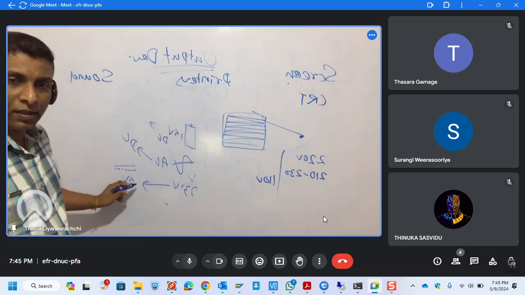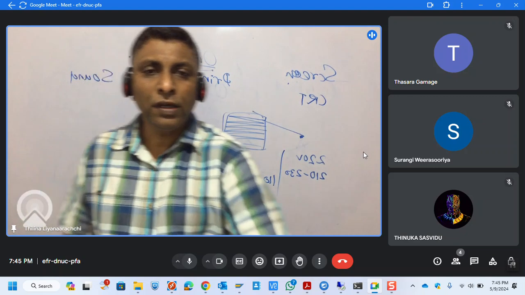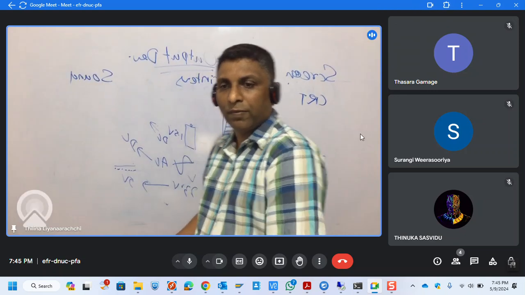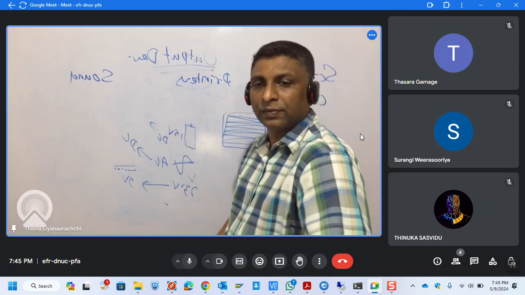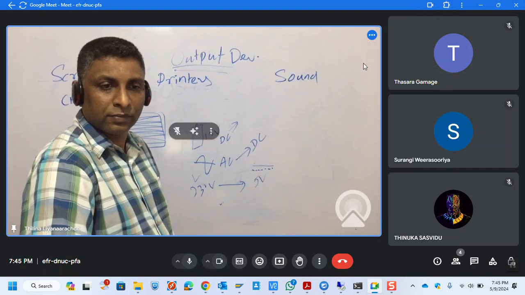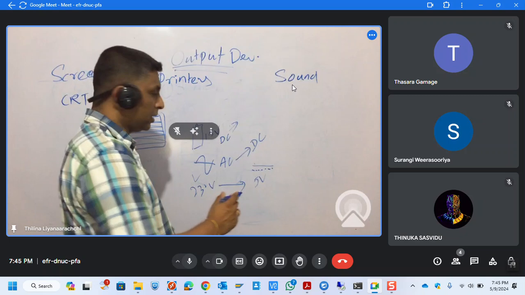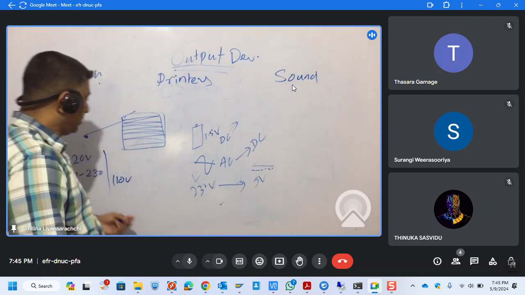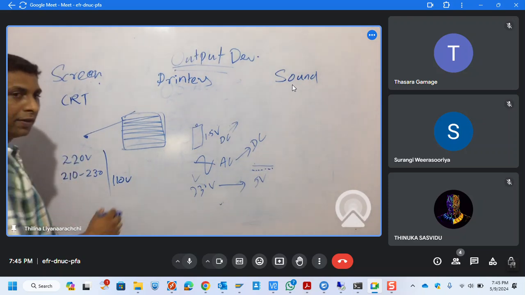That's the purpose of a mobile charger. Any power pack converts AC to DC.